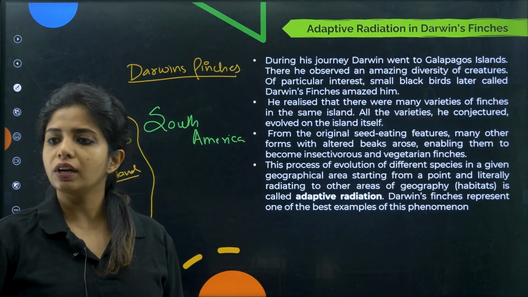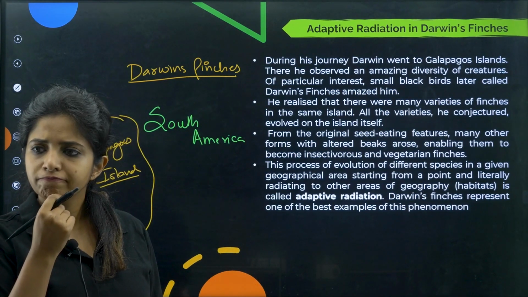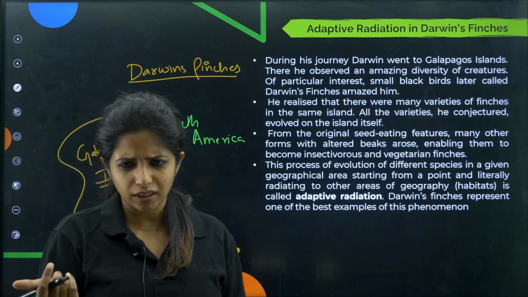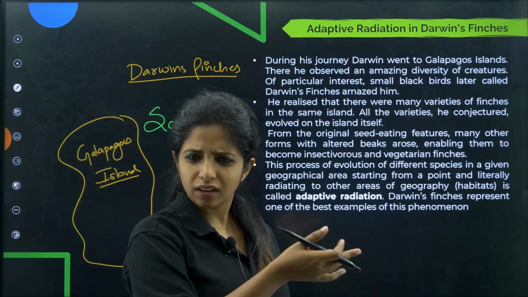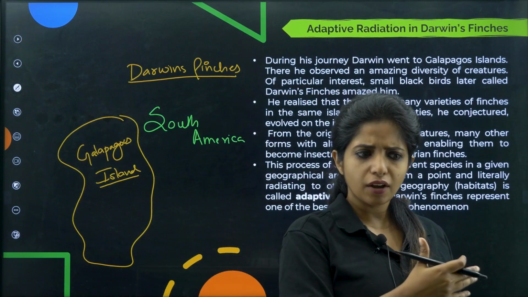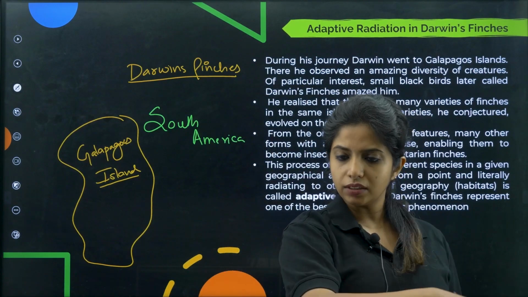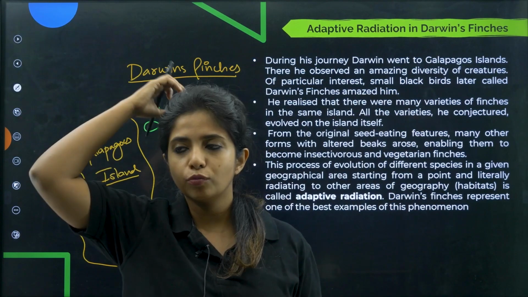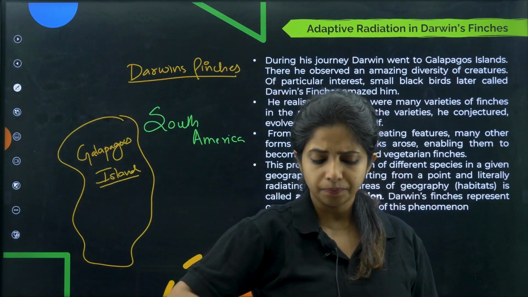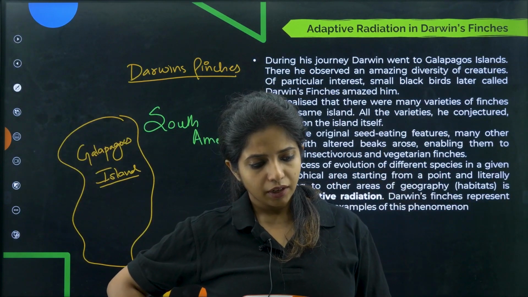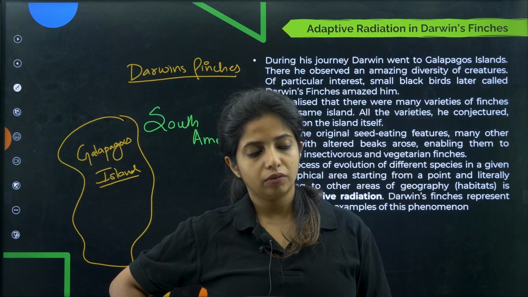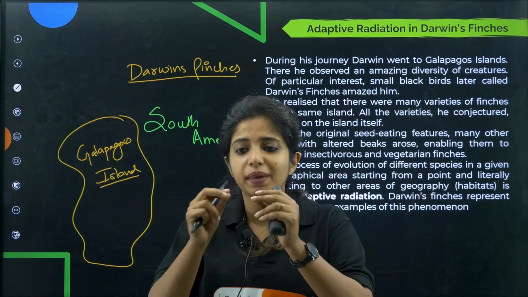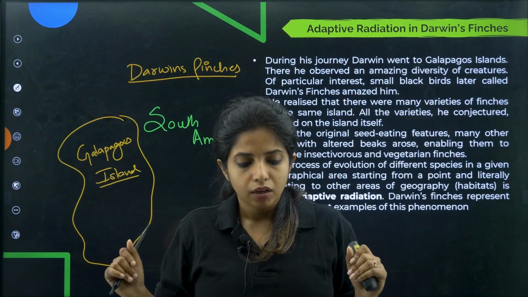Then I moved ahead. I went to other areas where there were so many insects. There I found a similar type of birds, but again their beak structure was different. Then I moved to a different area again, and found other types of birds with very close similarity, just the beak part was different.